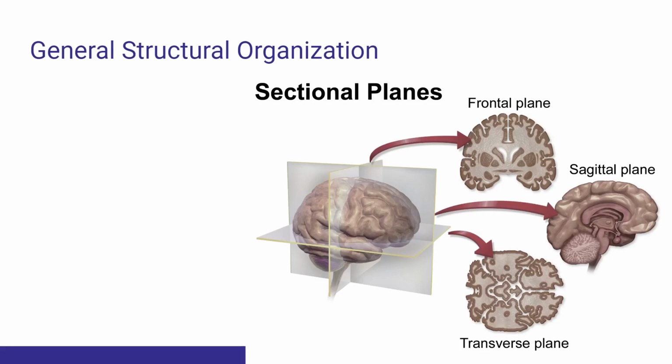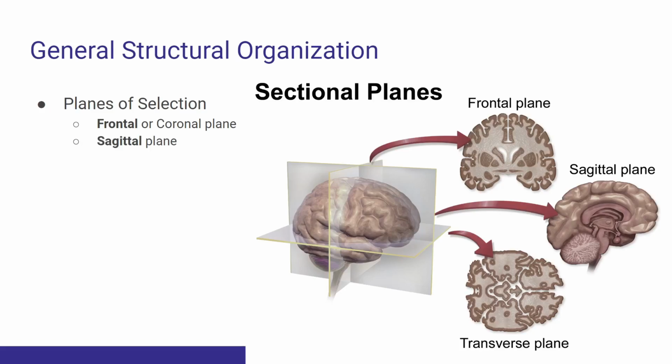So another important concept is the sectional planes within the brain. There's three primary orientations from which we can take sections of the brain. The first is the frontal or coronal plane, and if you look on the graphic, if you think of where a crown or tiara would sit on your head, that would be a cut vertically down from the end of the crown.